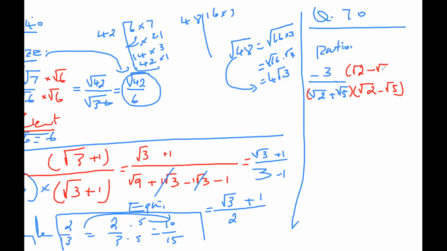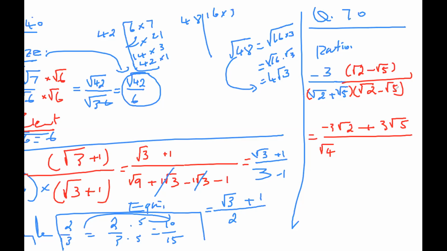Please rejoin right away. We're going to get disconnected in a few seconds. Let me save this. Then we just distribute, okay? Make sure you multiply by the same thing. So -3 times radical 2 would be -3 radical 2 minus -3 times radical 5. So that's +3 radical 5. Okay, here, radical 2 times radical 2 is radical 4.